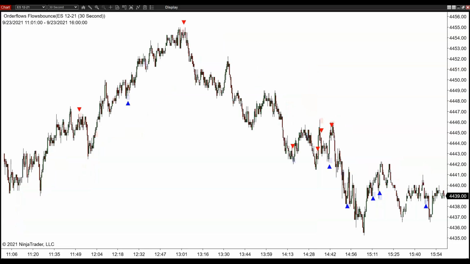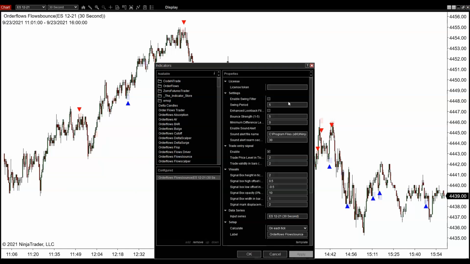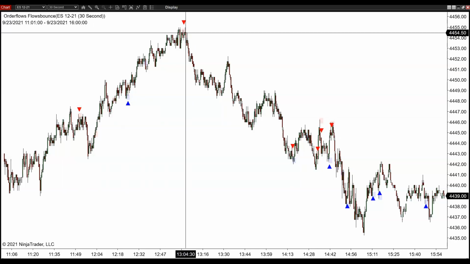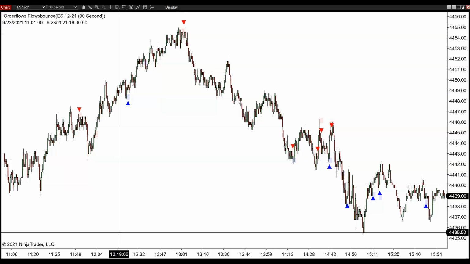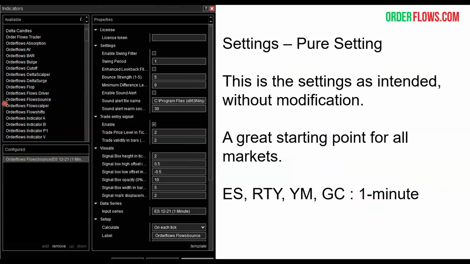Now, when we set it at what I call the pure level of 5, with no minimum difference, no enhanced look back, no swing period, you're seeing just the sell, the buy, the sell. And when I talk about the pure setting, this is the starting point you want to really start with for all markets.